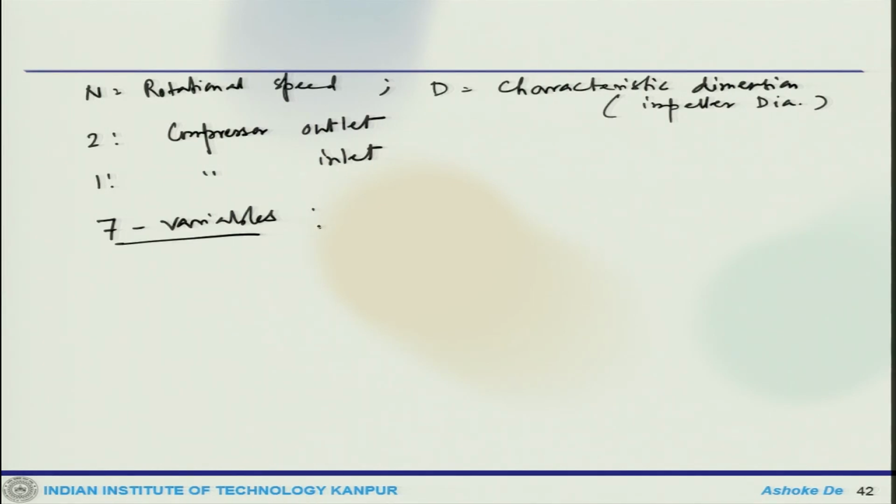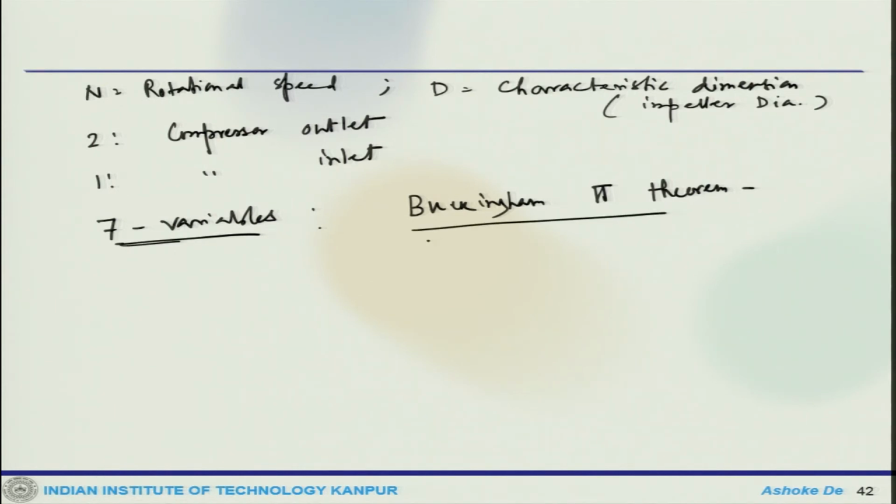Now, we invoke the Buckingham pi theorem. If we invoke that, we have 7 variables and 3 fundamental units, which are m, l and t.